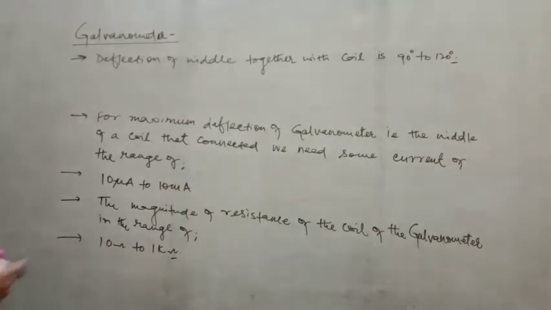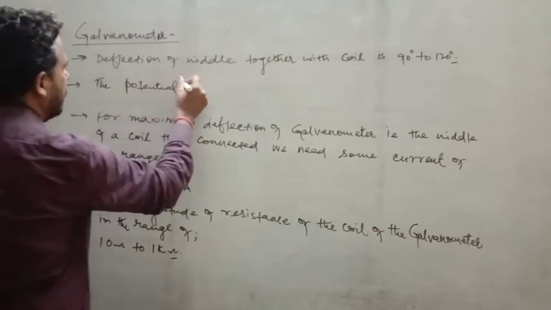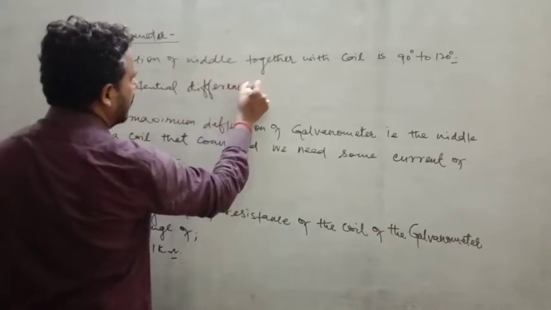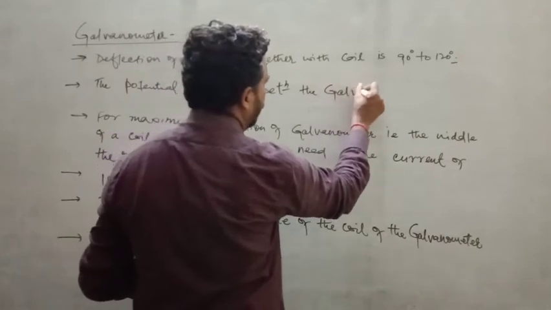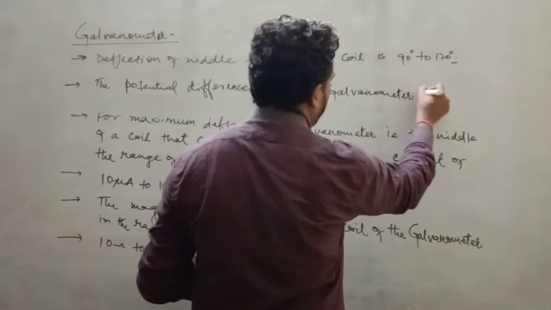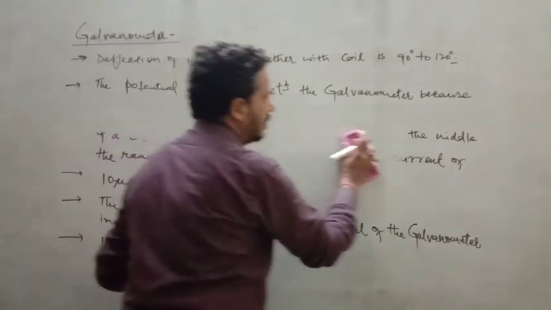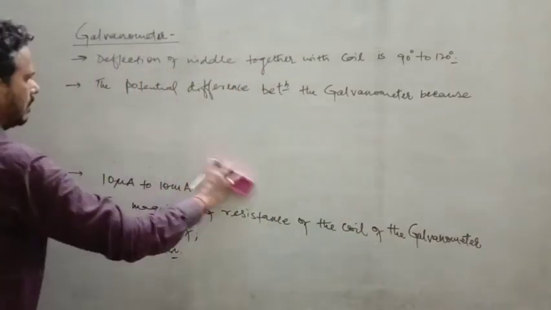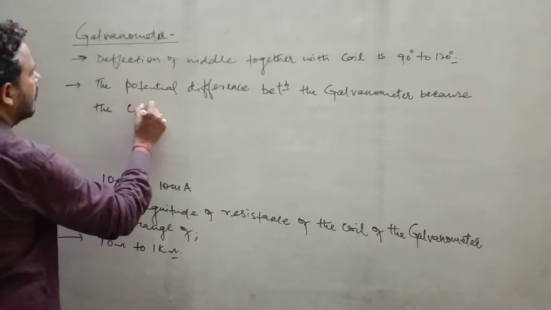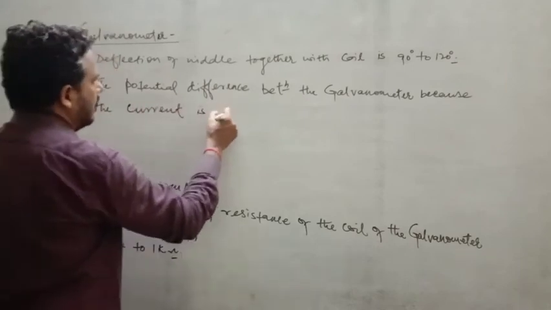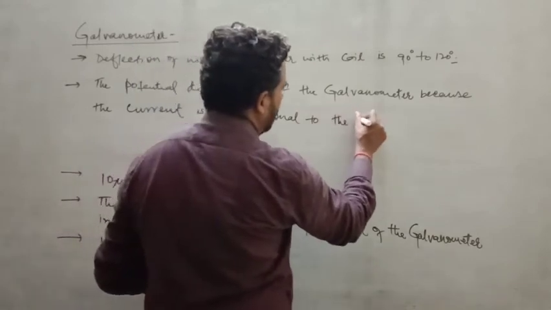Then the potential difference between the galvanometer, because the current is proportional to the potential difference.